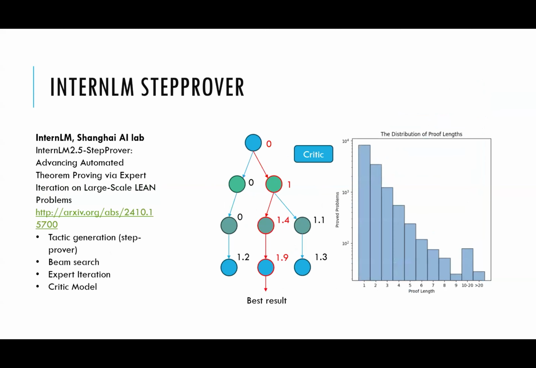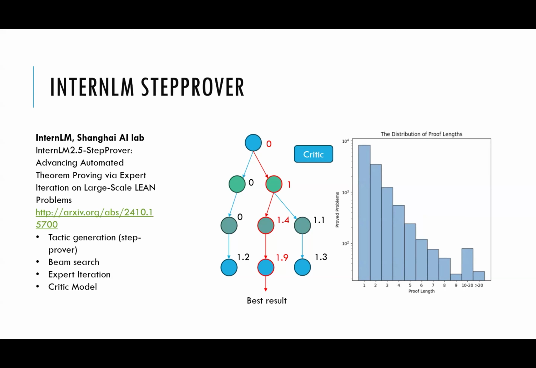And there is another different way to do the step prover. This is also a formal SOTA with very good performance, but it represents a different path to do the tree search. Instead of just best-first search, it uses beam search, which searches at a certain beam width.